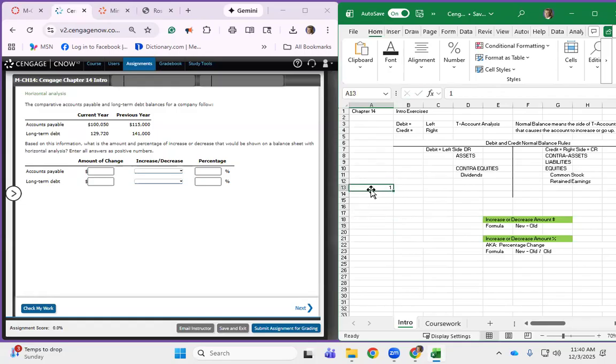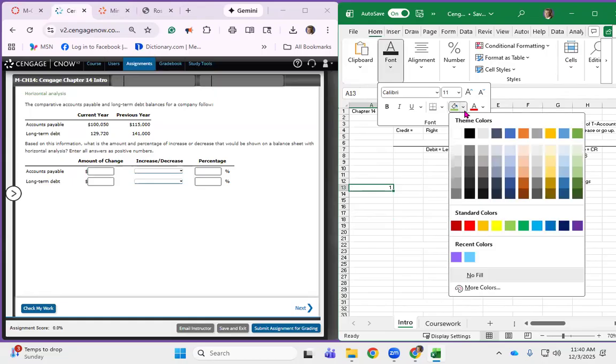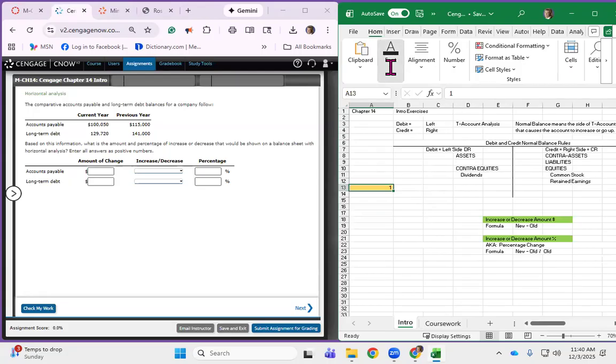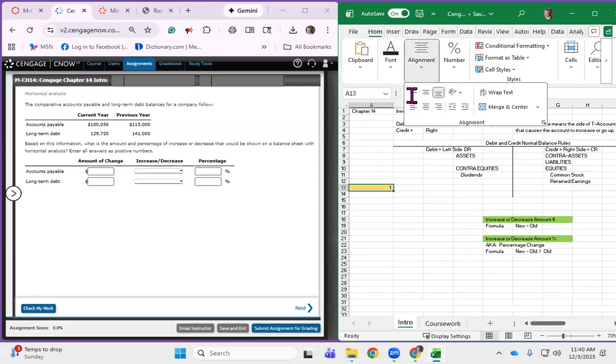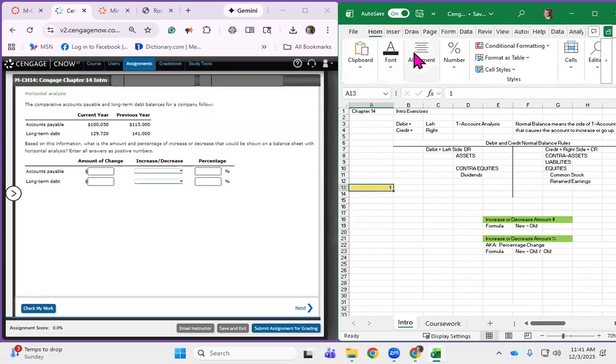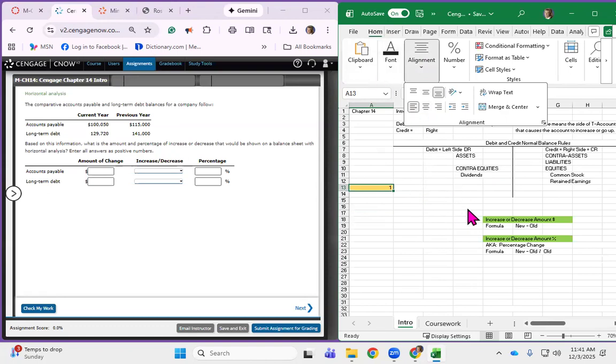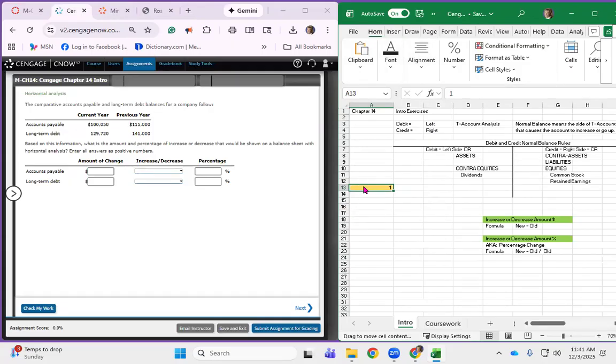And we'll put that in as, I think I used orange most of the time. Okay, so number 1 says we have accounts payable, current year, previous year.